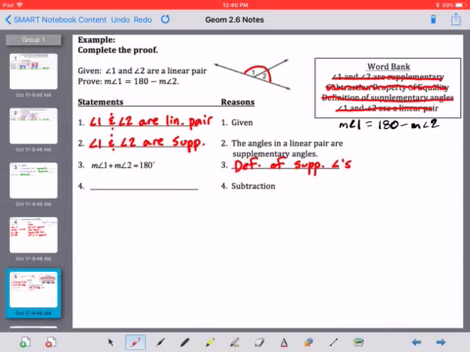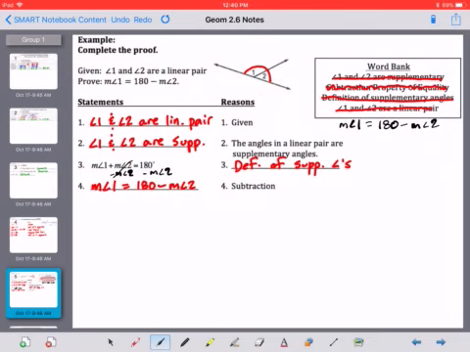And lastly, what we're trying to prove is the measure of angle 1 is equal to 180 minus the measure of angle 2. So they kind of skipped this step. The reason is subtraction. What they did here was subtract the measure of angle 2 from both sides to get the measure of angle 1 by itself. So they're just using that subtraction property of equality.